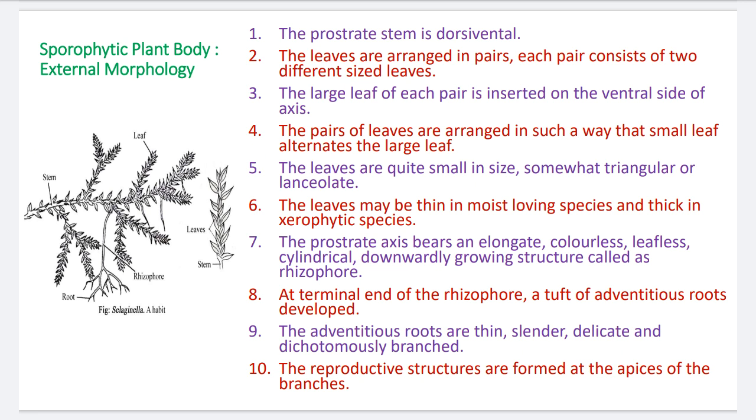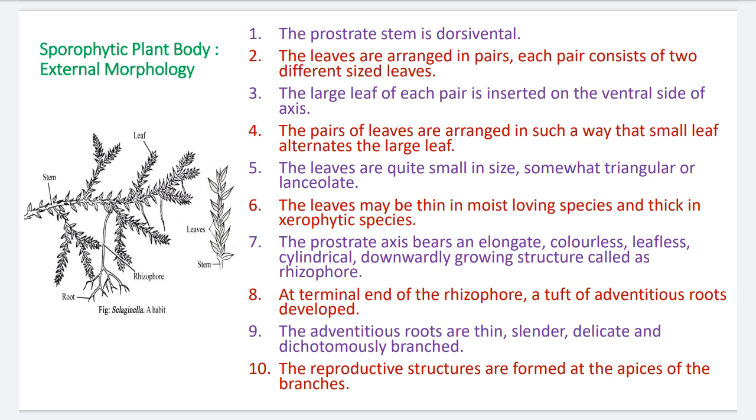Number 3, the large leaf of each pair is inserted on the ventral side of the axis. The large leaves on the axis are produced at the ventral side, the back side, the lower side of the stem. Number 4, the pairs of leaves are arranged in such a way that the small leaf alternates with the large leaf.